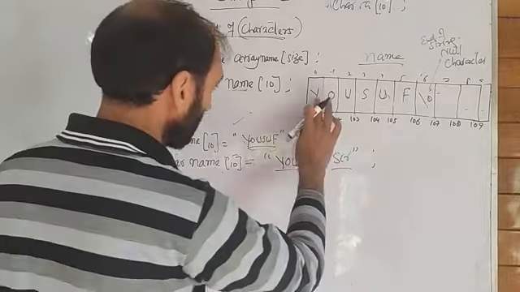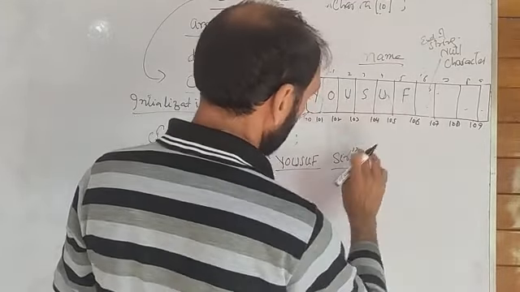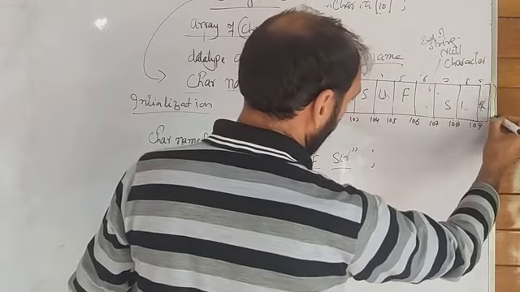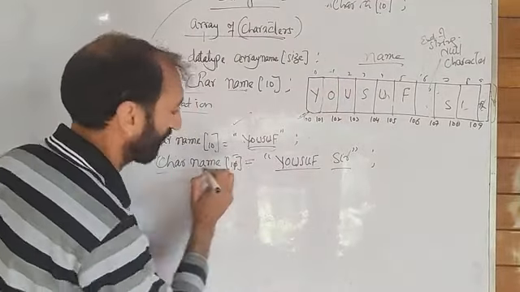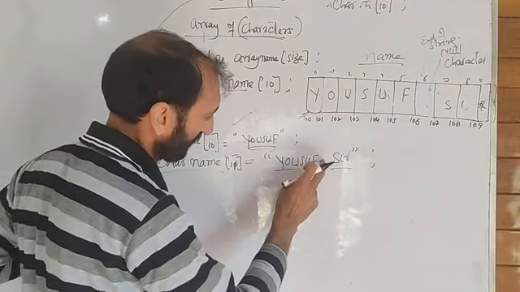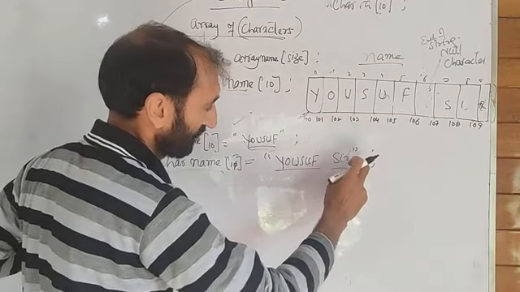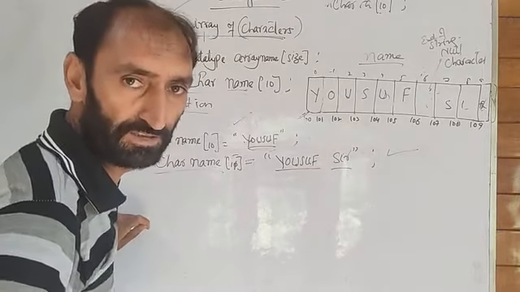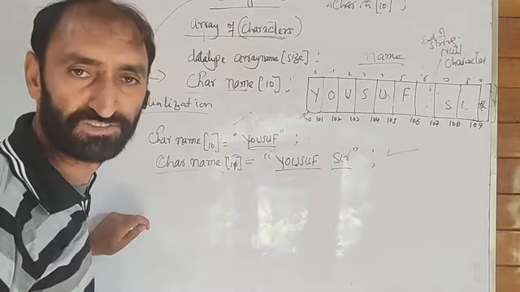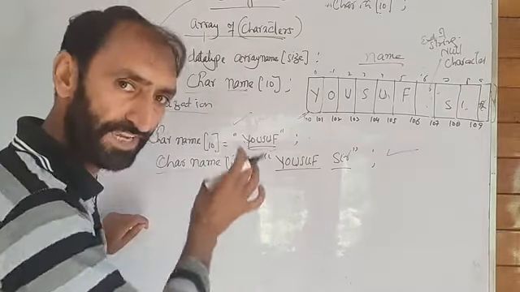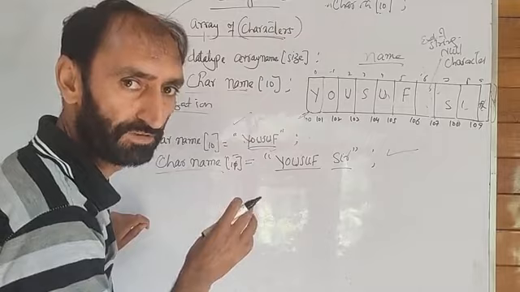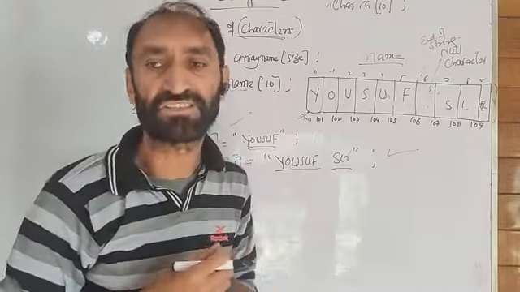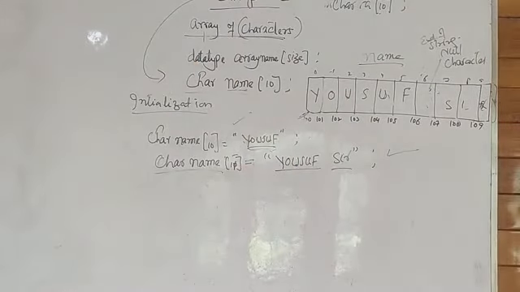To avoid the problem, I have to specify size 11: one, two, three, four, five, six, seven, with space eight, nine, ten, and the last one is the null character. This is also correct. These are the different ways through which we can initialize a string at compile time, and also at run time.